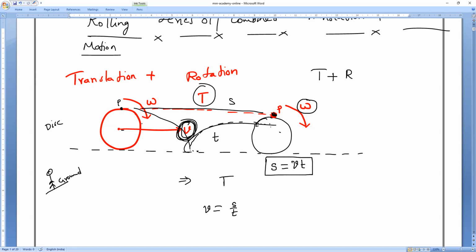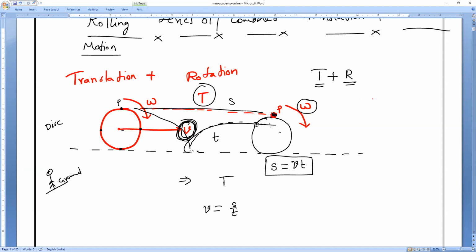I can choose a particle here, here, or here. Every particle, if it is rolling on the surface, will definitely make translational motion as well as rotational motion. So actually this is a very complex motion, which is why we will use simple ways to study it.